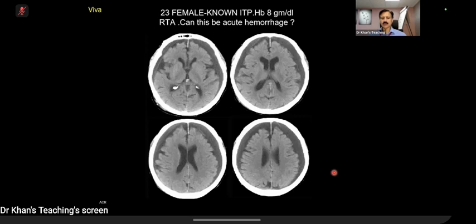This is from the literature, from the American College of Radiology teaching files, which documented a case in which the hemoglobin was 8 grams per deciliter and acute hematomas were low density. So physics tells you this can happen.